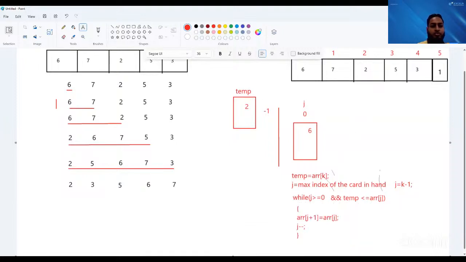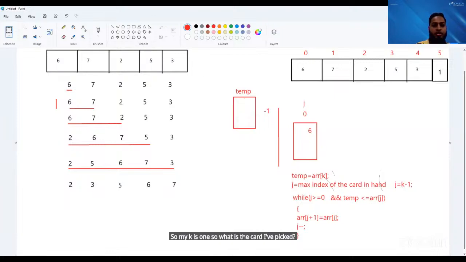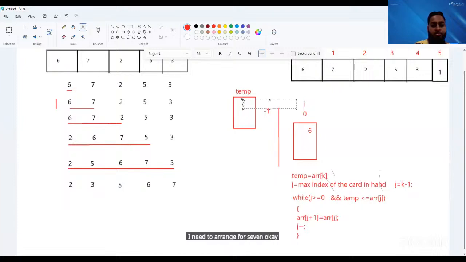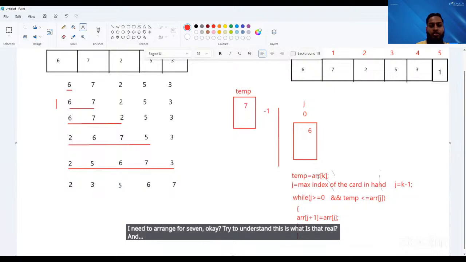So my K is 1. What is the card I have picked? I need to arrange for 7. Okay, try to understand this now. AR of K starts from 1, right?